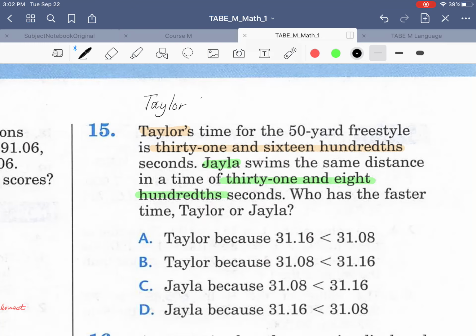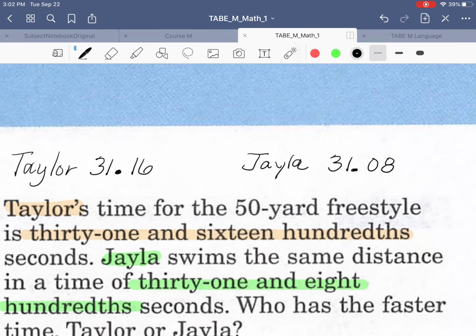Taylor is 31 16/100. Jayla is 31 8/800. So let's think about this.